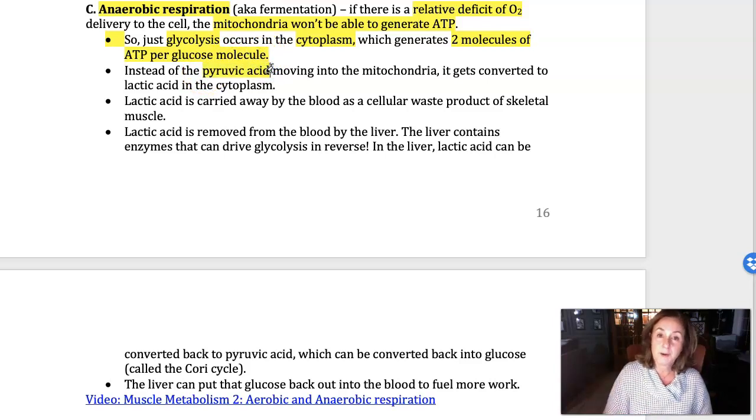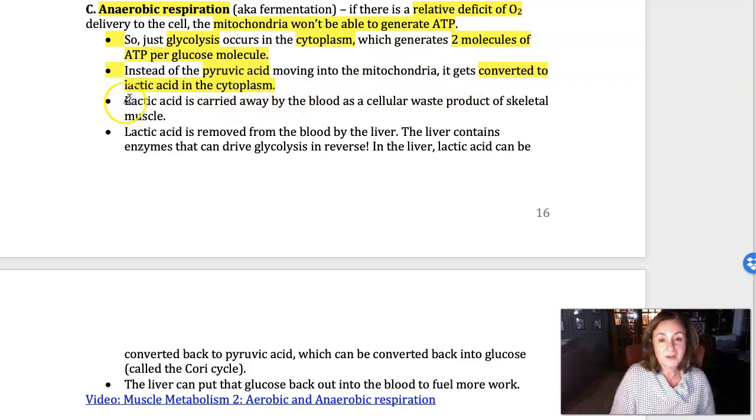Typically, we move that pyruvic acid into the mitochondria, as I talk about in the detailed video. And we convert this pyruvic acid, we extract electrons from it to generate a bunch more ATP. But because you can't move this into the mitochondria, it stays in the cytoplasm, and we have enzymes in the cytoplasm that will convert the pyruvic acid into lactic acid. And so we start making lactic acid as a waste.